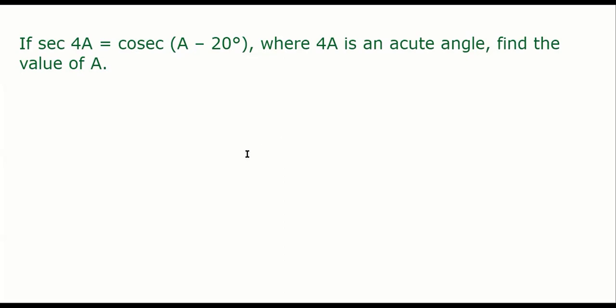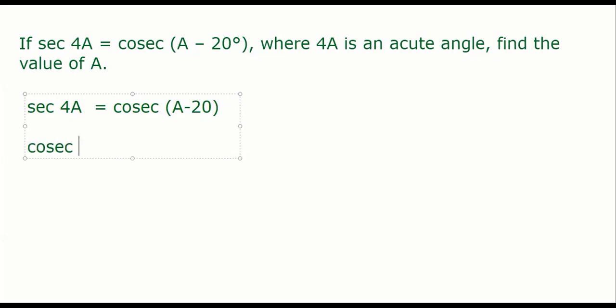Tanishka, explain this. How will you solve this? So first, sec 4a is equal to cosec(a minus 20), and we can write sec 4a as cosec(90 minus 4a). Good. That is the only point, right? Yes, sir.